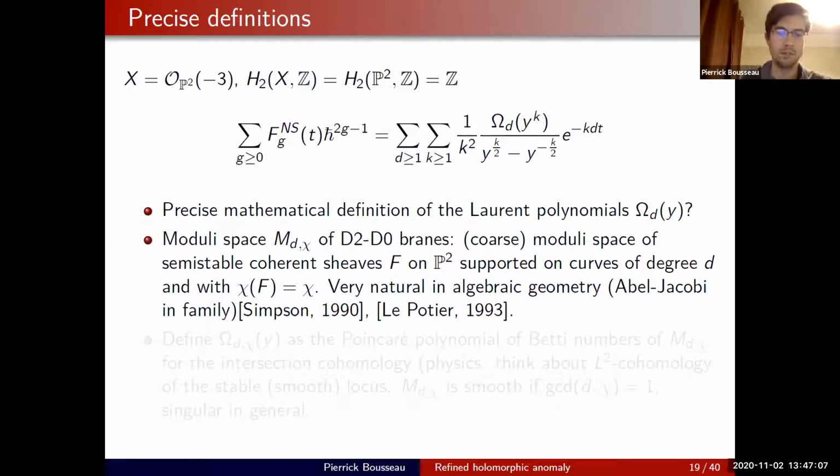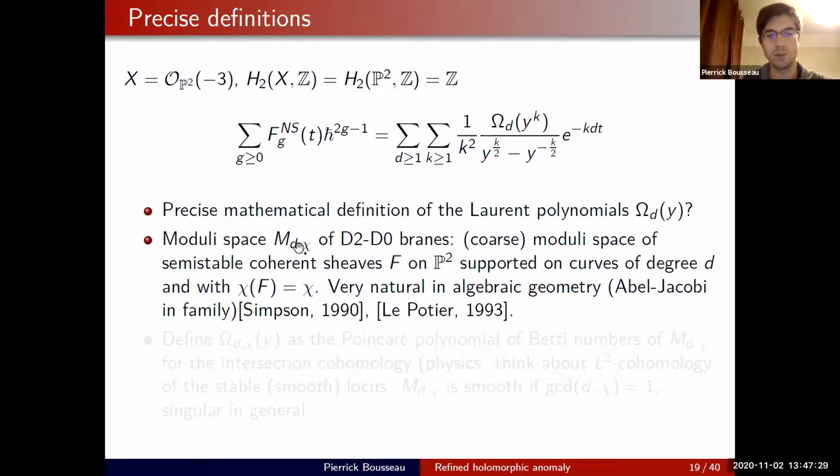And it's a very natural moduli space in algebraic geometry, which in fact has been defined and studied long ago for purely algebraic geometry motivation. Because if you simply fix a holomorphic curve, and if you look at all possible line bundles over this curve, you get the Jacobian, which is one of the most classical objects in algebraic geometry.